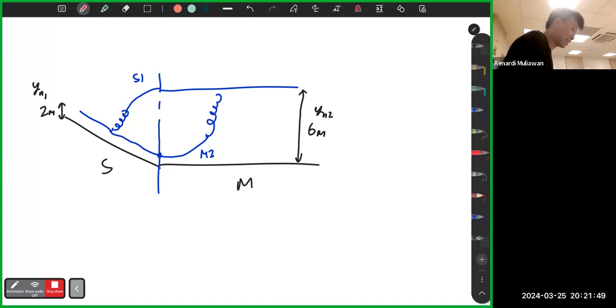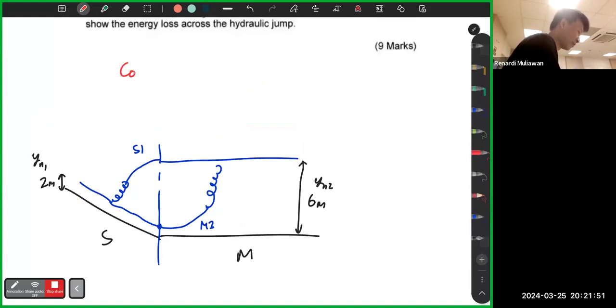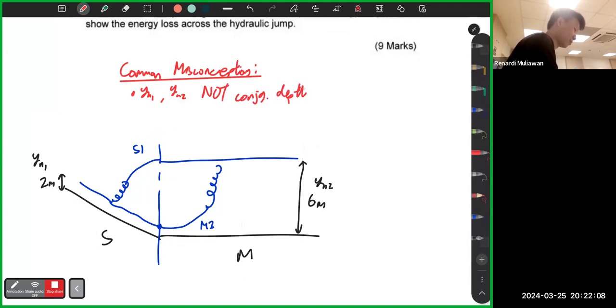So let's start with common misconceptions first. yn1 and yn2 are not conjugate depths. They are not, so be careful. Second misconception: yc is also not the conjugate depth. This is the most common mistake.